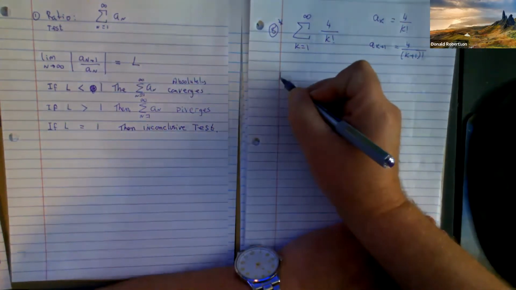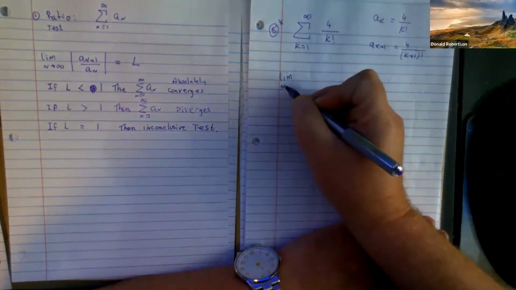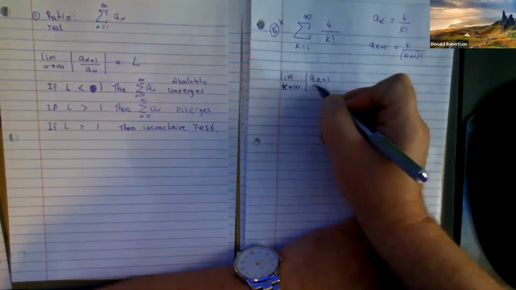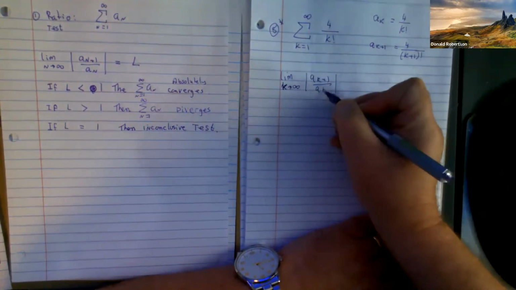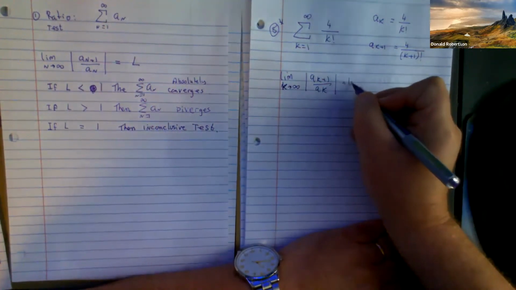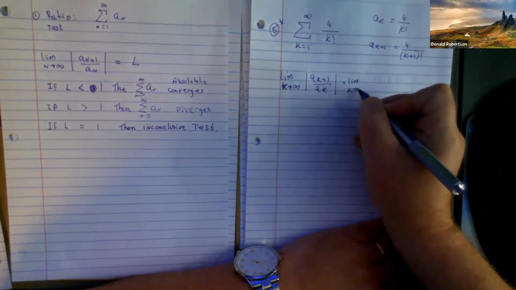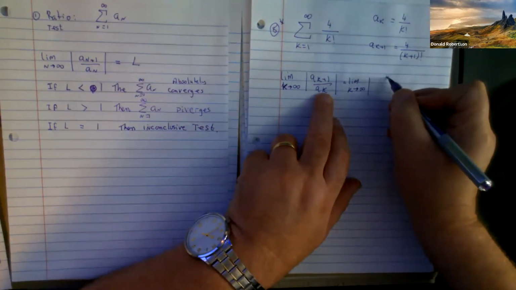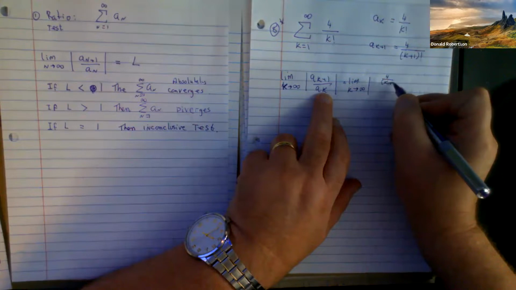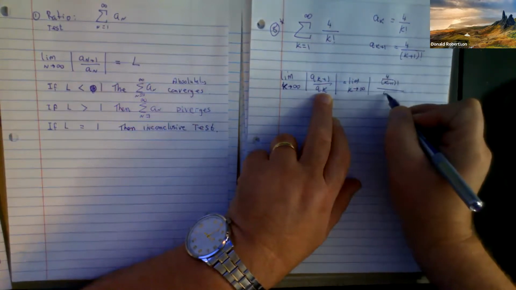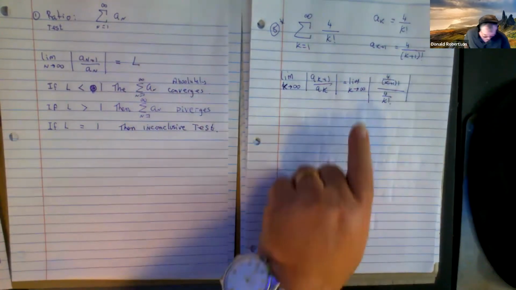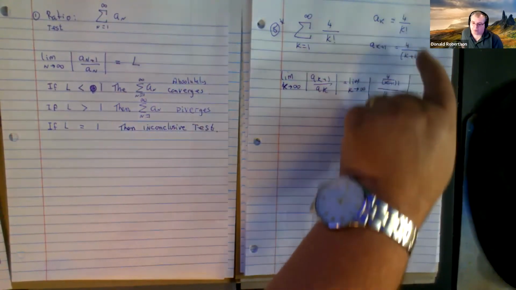So we're going to do the limit as k tends to infinity of ak plus 1 over ak. That's going to be the limit as k tends to infinity of this term divided by this term. Now, both of these things are positive.